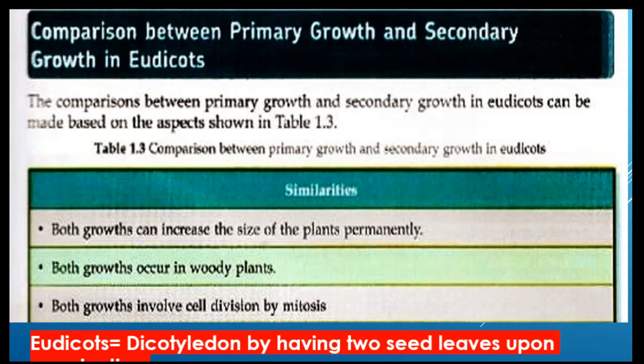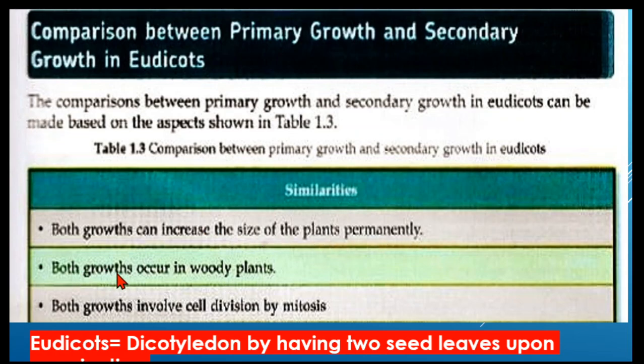Okay, seterusnya comparison between primary growth and secondary growth in eudicots. Eudicots itu dicotyledon lah. So kalau dia bilang comparison, we must have the similarities and also the differences. Okay, so similarity dia, primary and secondary growth: both growths increase the size of the plants permanently.